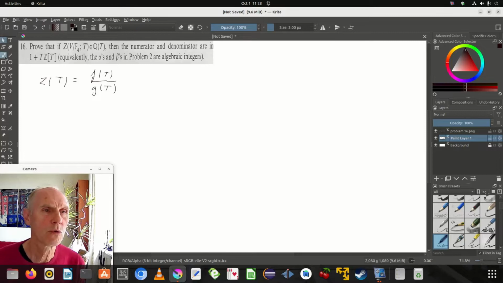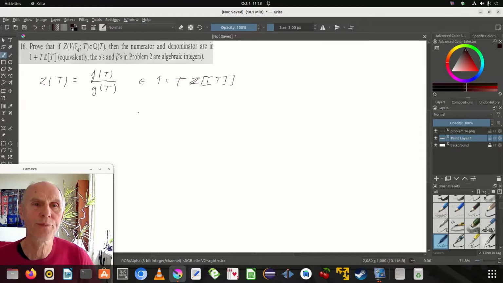We must use, of course, I'm sure that we are allowed to use that the zeta function lies in 1 plus t times the power series with integer coefficients, which we just proved in problem 15.